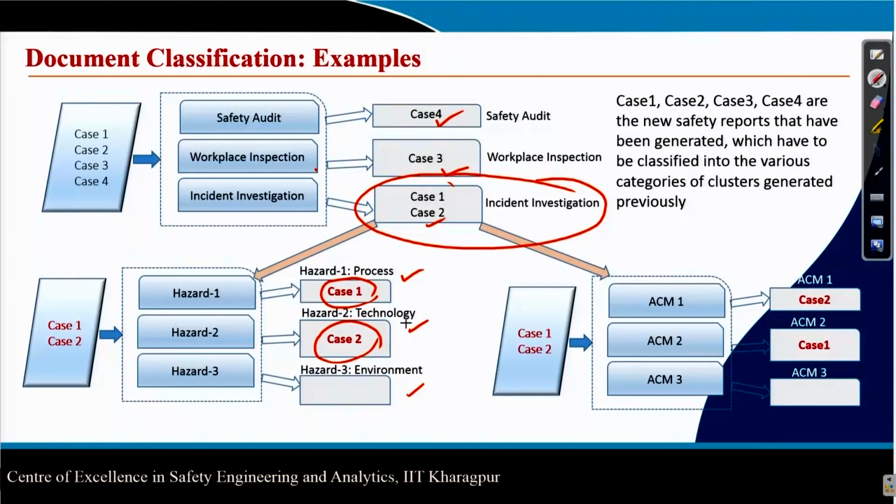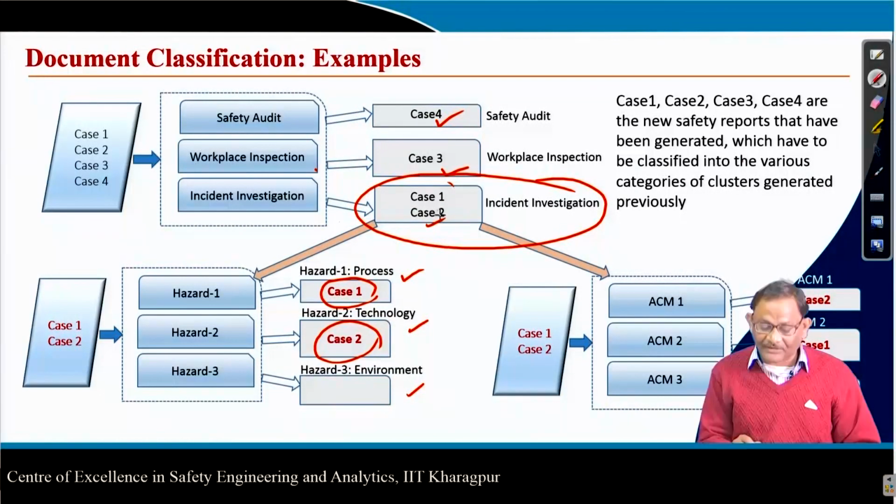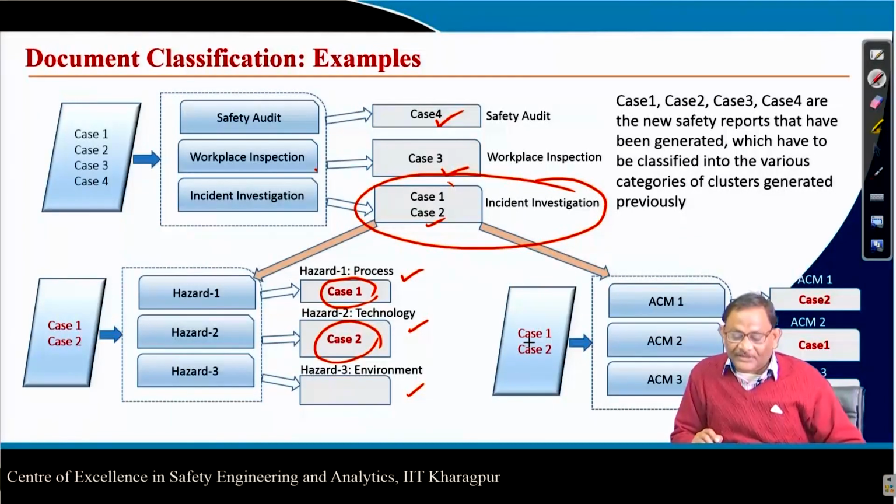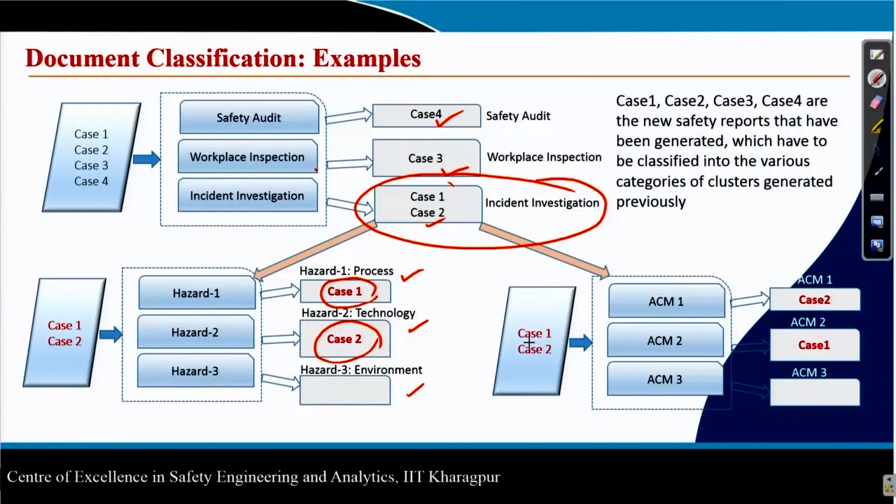Or, since you know the accident causing mechanisms, you can ask in case 1 what the accident causing mechanism is, and similarly for case 2. So, this is the way you can use the classification technique in the safety domain.